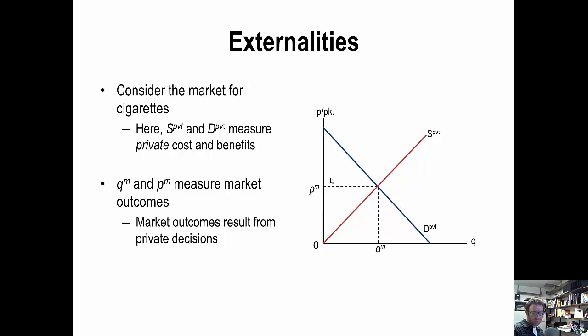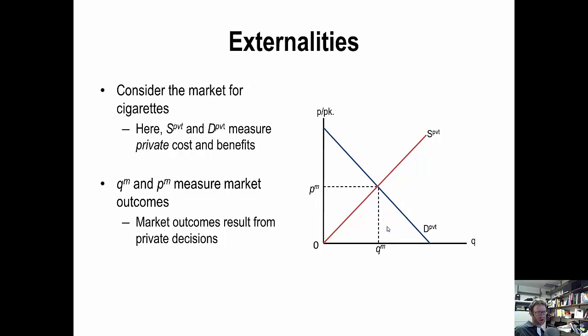So here I'm just going to label the supply curve as SPVT. Okay, so this is the private supply curve. And I'm going to label the demand curve as DPVT. Okay, and market outcomes, the market clearing price and the market equilibrium quantity, will be denoted as PM and QM.